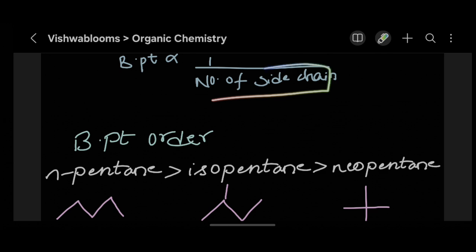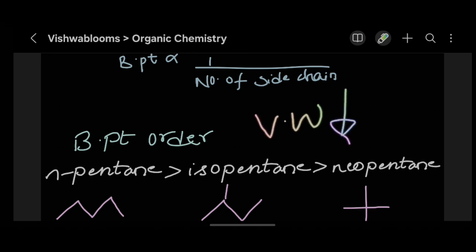As the number of side chains increases, the surface area is going to decrease, and because of this, the shape will approach a spherical shape, so that it will decrease the van der Waals forces. That is why it is an inverse proportion.